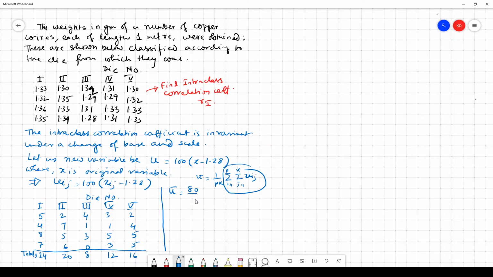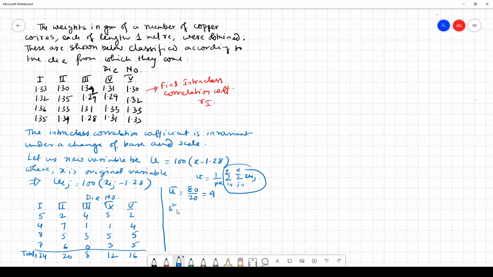This is nothing but the grand mean, and the total is 80, and p is 5 and k is 4. So 5 into 4 is 20, so u bar equals 4.